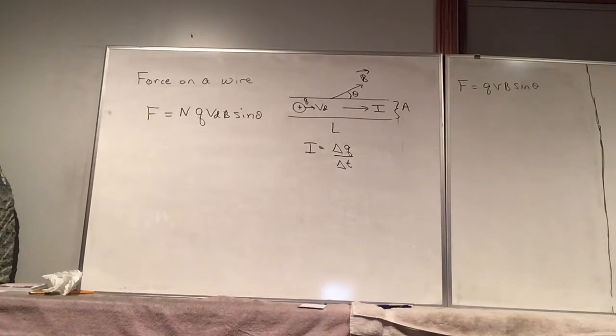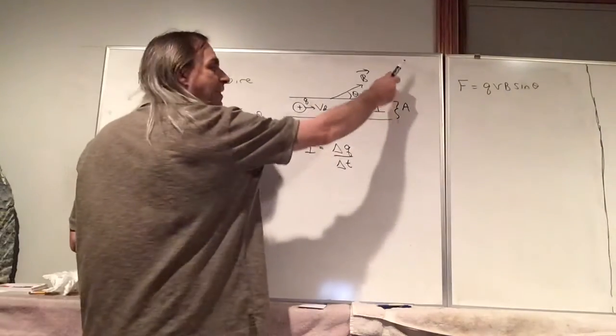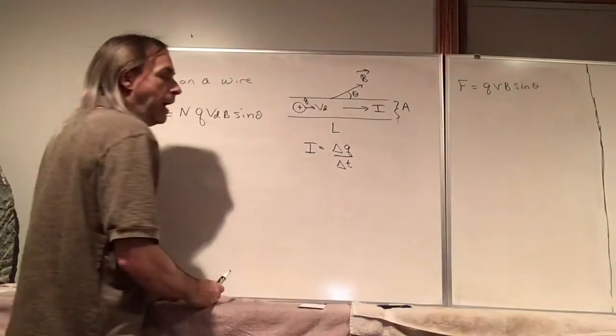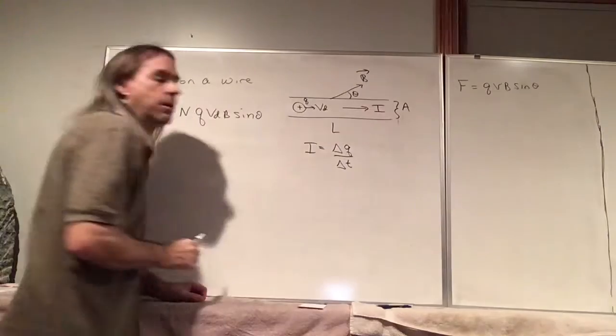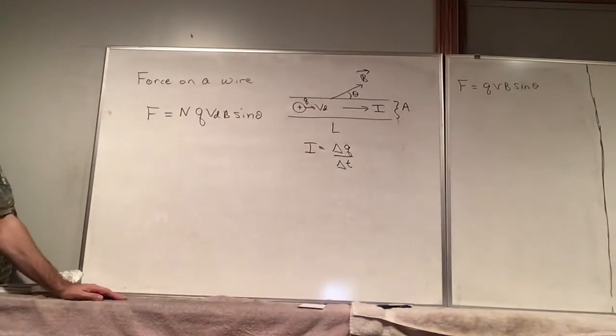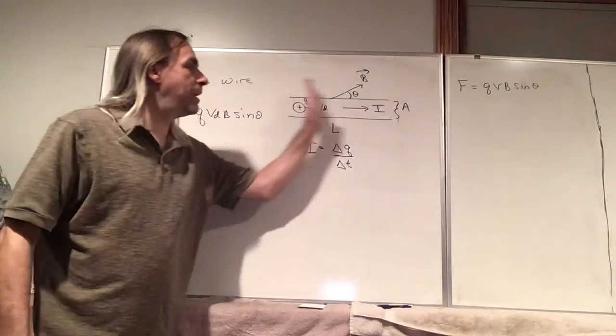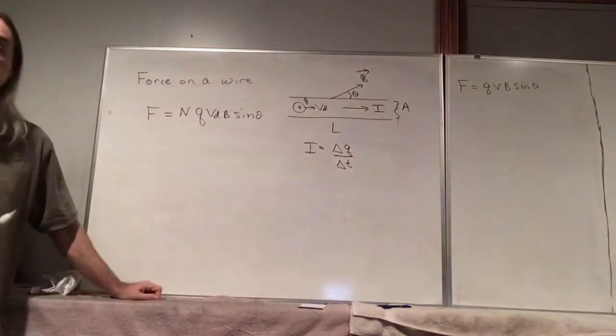And so, in that case, we can replace the d's with deltas. So let's look at this end of the wire. And let's say delta t is the time it takes for a charge moving at the drift velocity, starting at one end, to cross the wire and exit the other end.